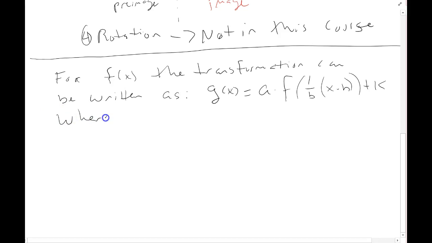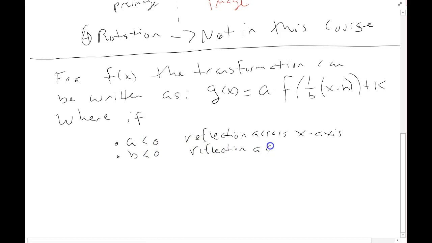where if a is less than 0, there's a reflection across the x-axis. If b is less than 0, we have a reflection across the y-axis.